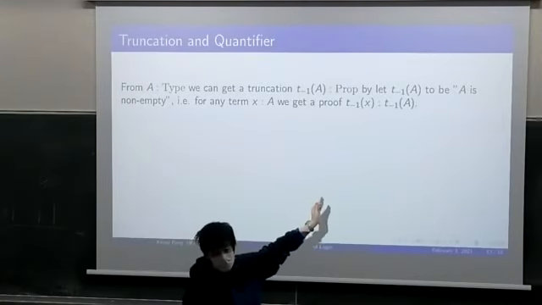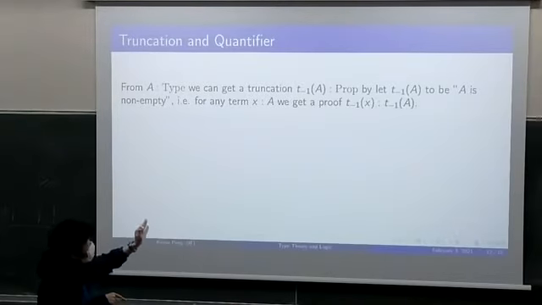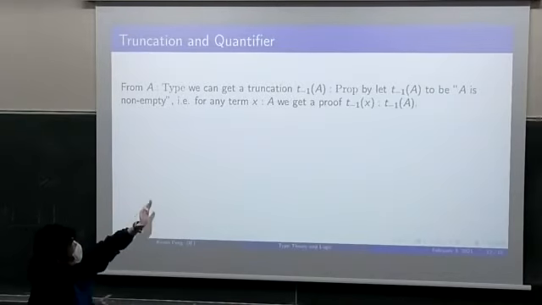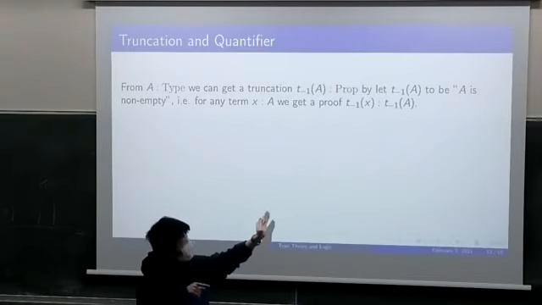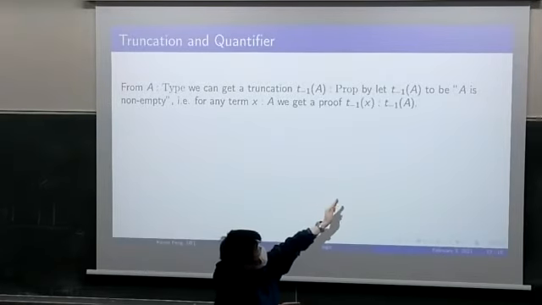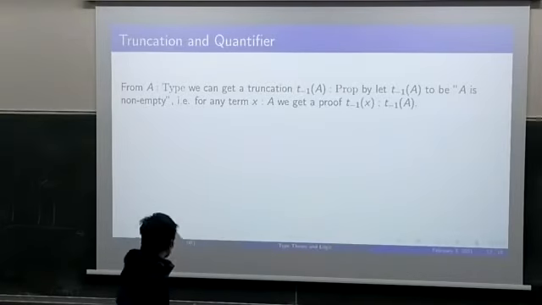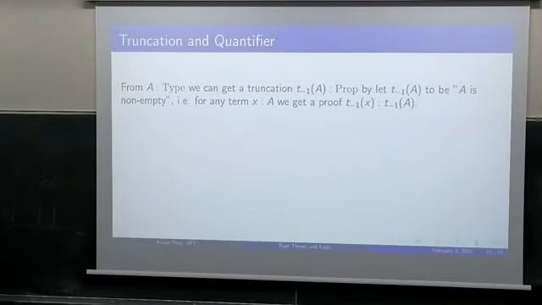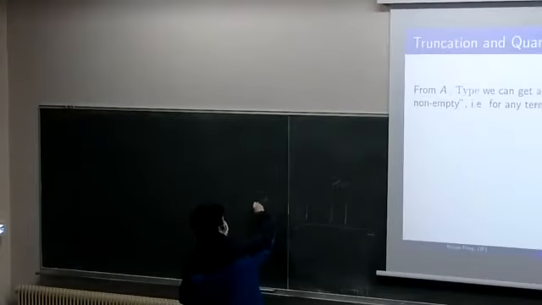So the t minus 1 of A is relative to A. It's just the proposition that A is not empty. That is, any term of A will become evidence of t minus 1 of A. So somehow, this is A, and we force all elements of A to be equal.